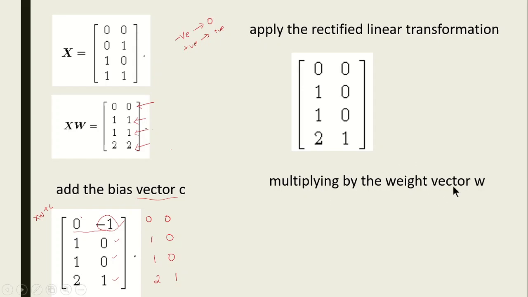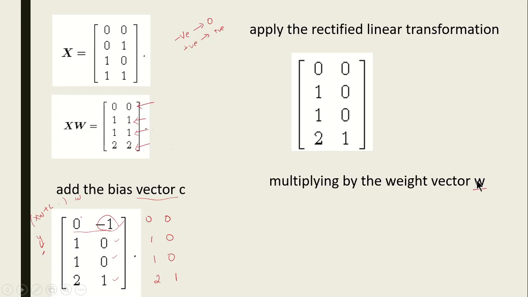Now what we have to do is multiply it with the weight vector, small w. Finally we have to multiply it with the weight to get the output value. This is small w, and this was capital W, which is the first layer.